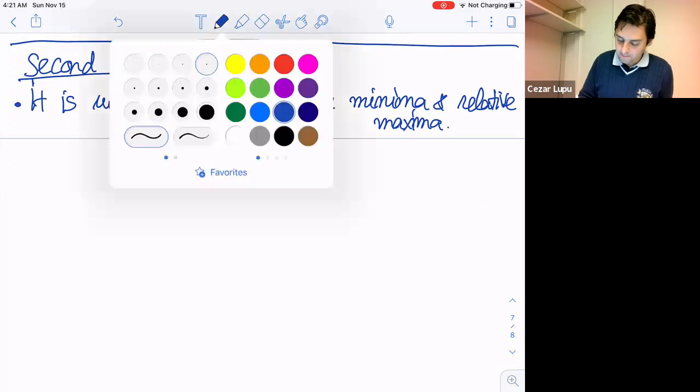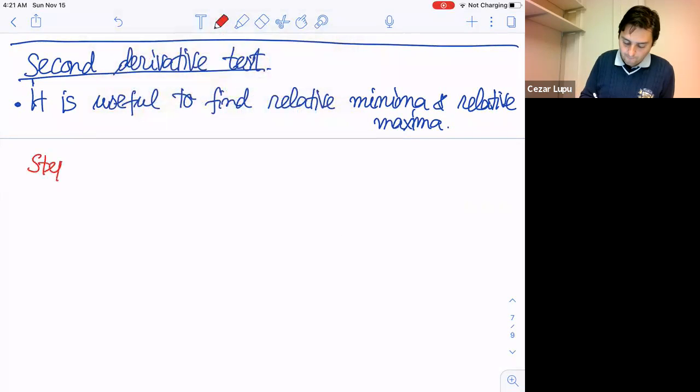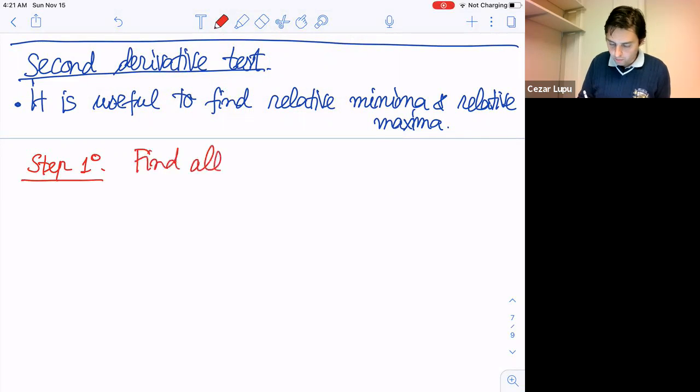Step 1, find all first order critical numbers.